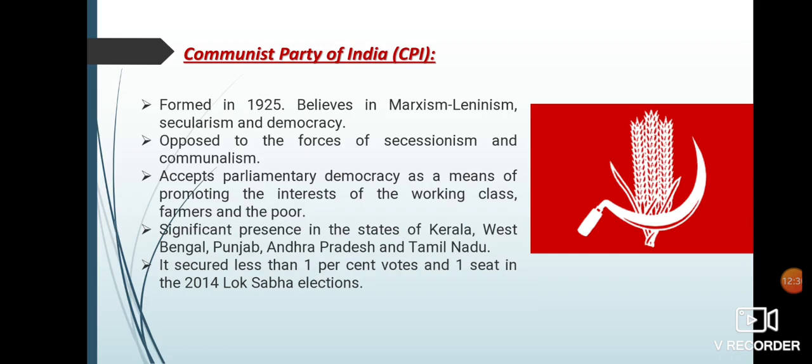It accepts parliamentary democracy as a means of promoting the interest of the working class, farmers, and the poor. Significant presence in the states of Kerala, West Bengal, Punjab, Andhra Pradesh, and Tamil Nadu. It secured less than 1% votes and one seat in 2014 Lok Sabha elections.